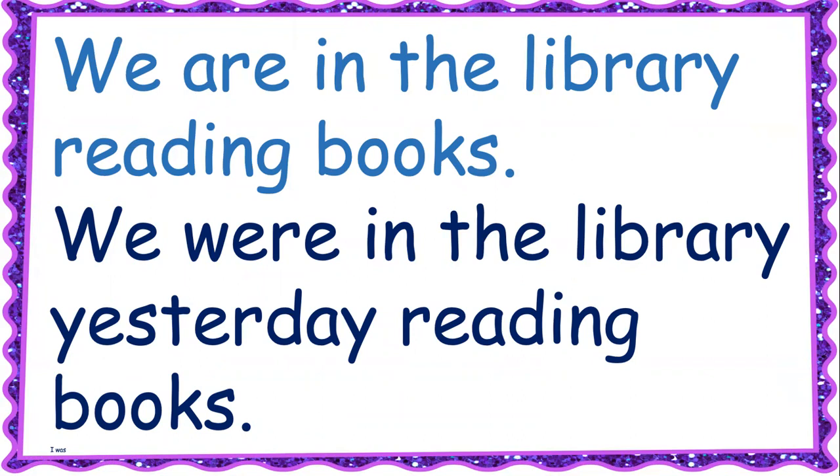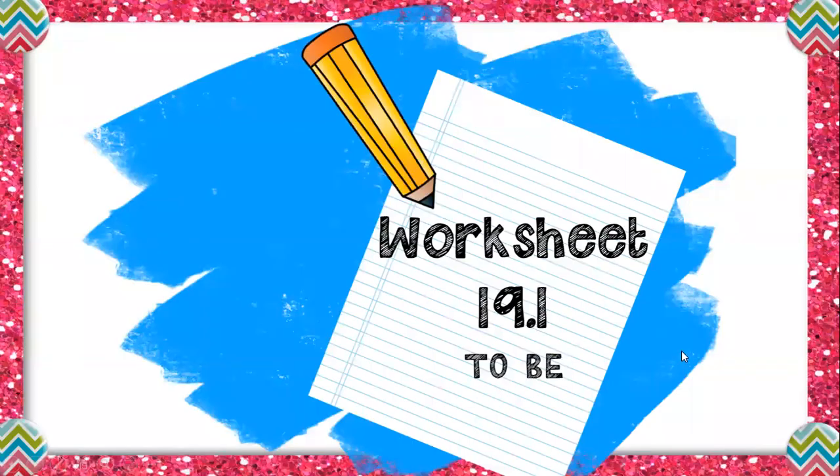Good. It's a present tense to be verb. Read the second sentence. Thumbs up for present, thumbs down for past. Good. That's a past tense be verb. So we were in the library yesterday reading books. So it happened in the past.